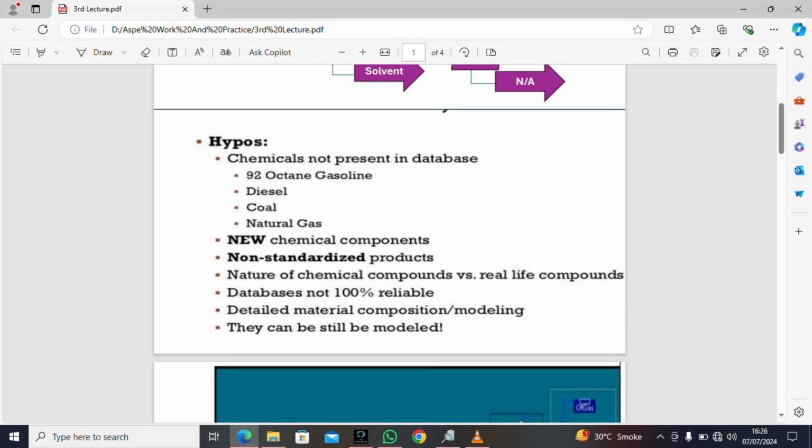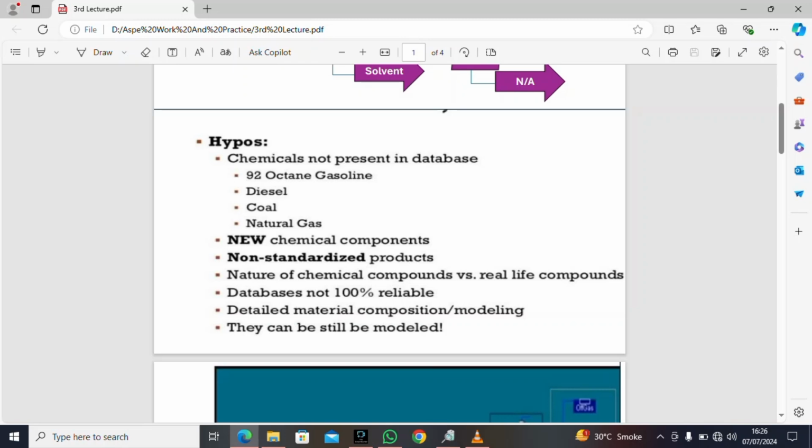So why do we need this? As stated before, either because real life happens. Not all process substances are present in a database, and they may not be 100% reliable. Imagine we choose x and it is present in a database, but in real life you see that in the simulation they are not the same.